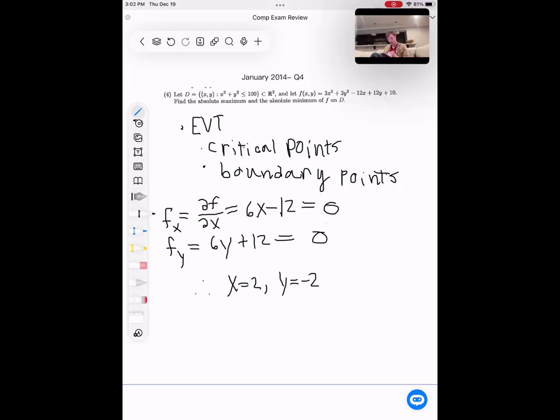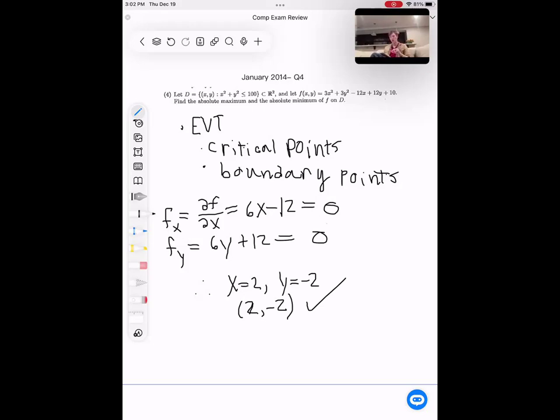And because these are unique values, we can say that 2 comma -2 is our only critical point of this function. And obviously, because 2 squared plus -2 squared is less than 100, this is going to fall within our region, so we can accept this as a possible absolute maximum or minimum. So this is our only critical point.